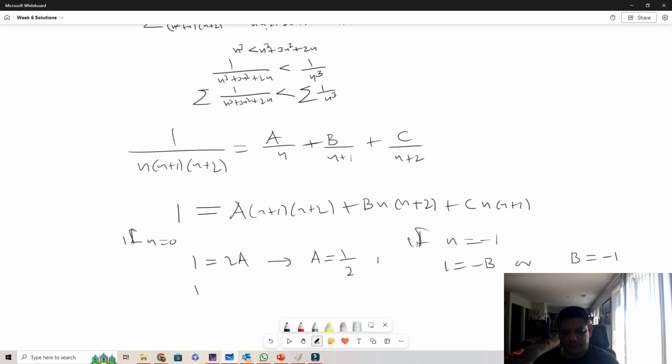And finally, if n equals -2, then you can remove this 2 from here, this one too, and only going to be left with this. And 1 is going to be equal to -2 times, and over here -1. So this is 2, so c equals 1/2.